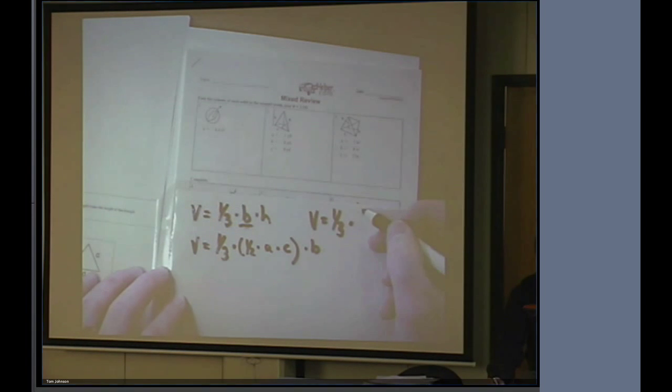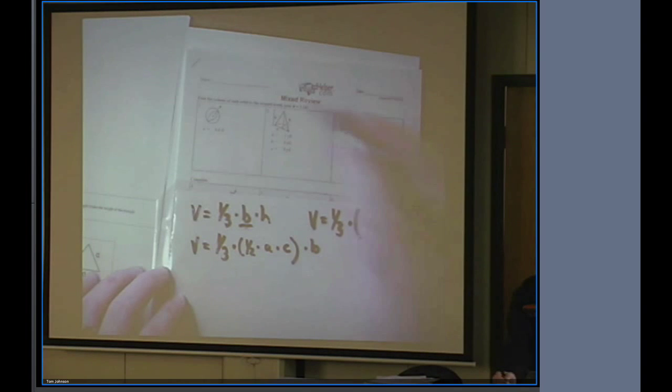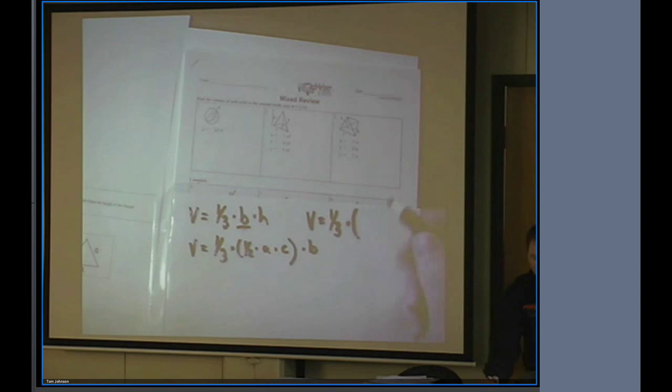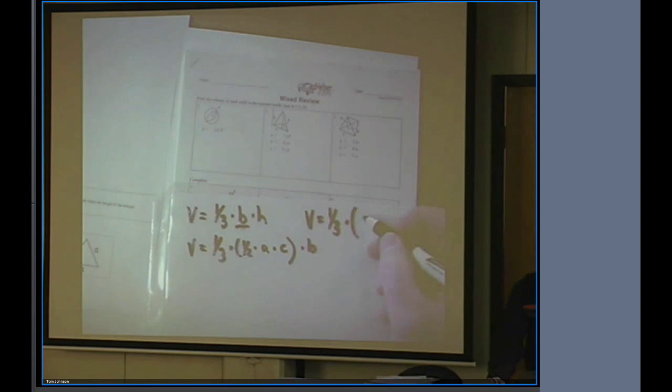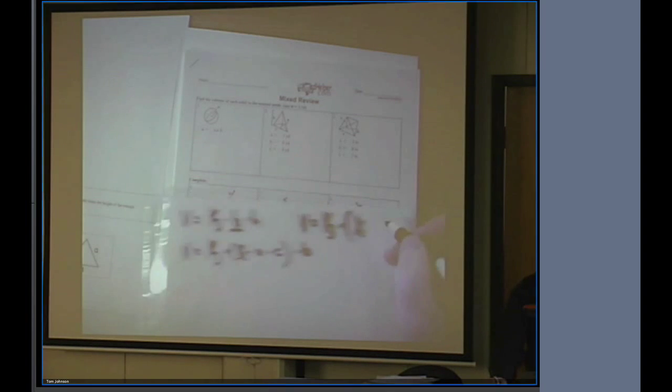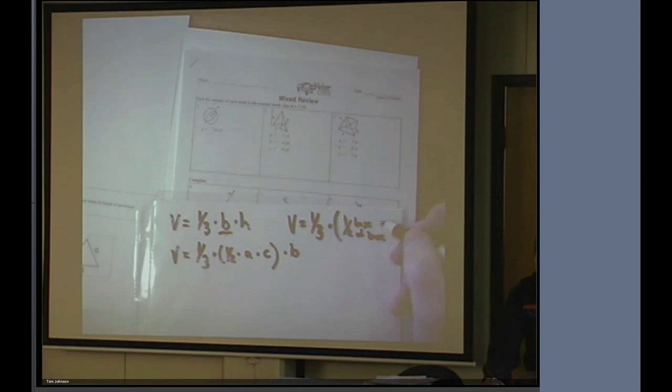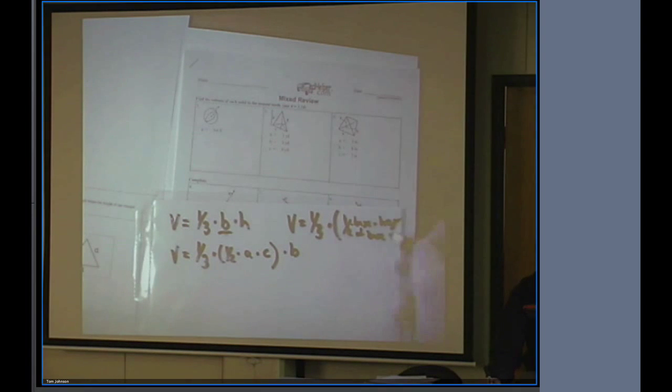times the base of that whole entire pyramid. So to find the base of the pyramid, we're going to take 1/2 of the base of that triangle, so the base of the base, times the height of the base, and then times the height.